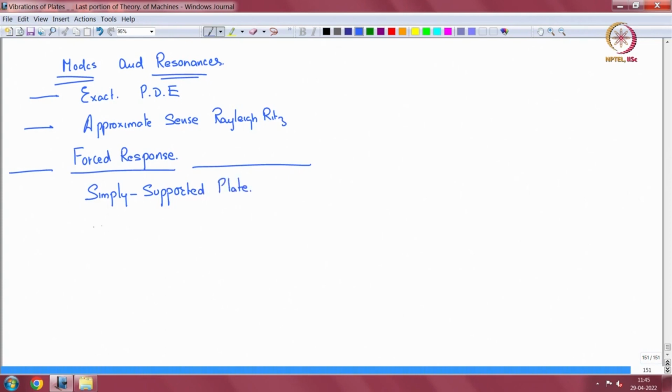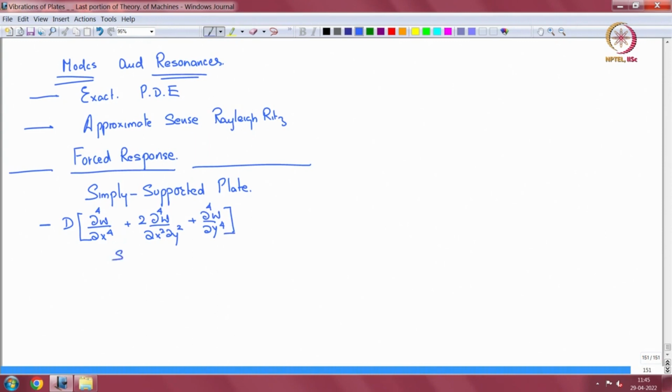okay, and I will write the PDE in a special form: minus D del 4 W by del x4 plus twice del 4 W by del x square del y square plus del 4 W by del y fourth.